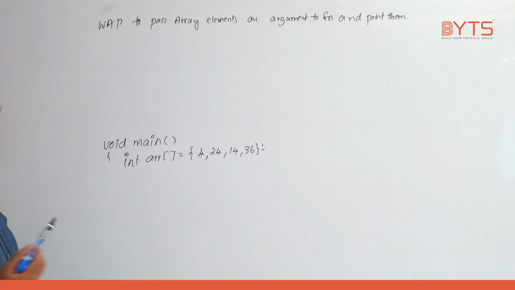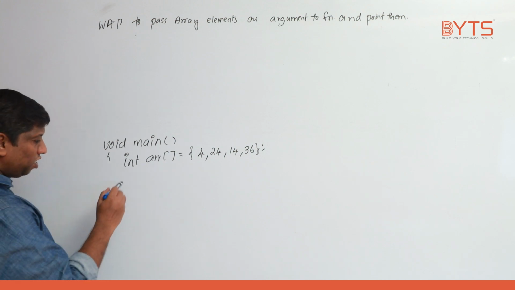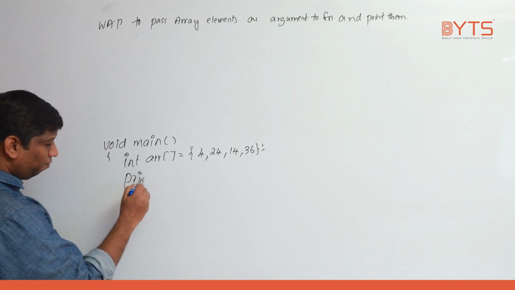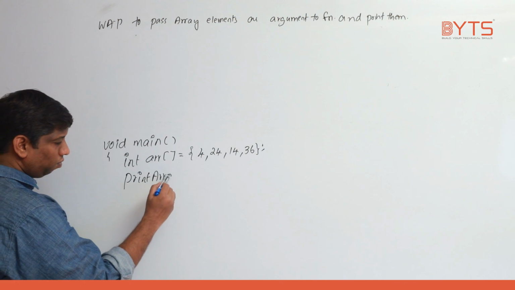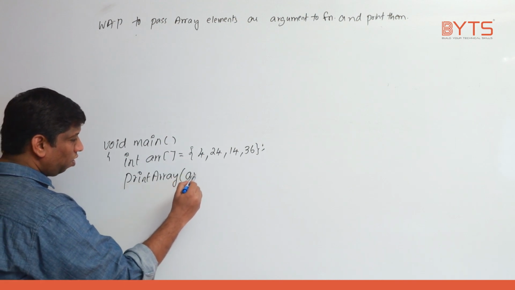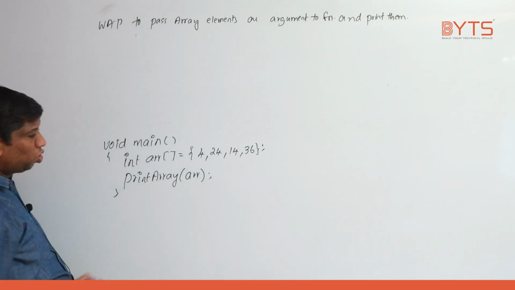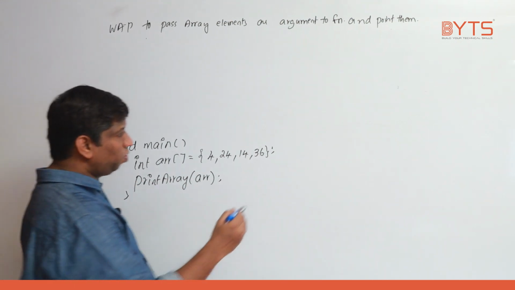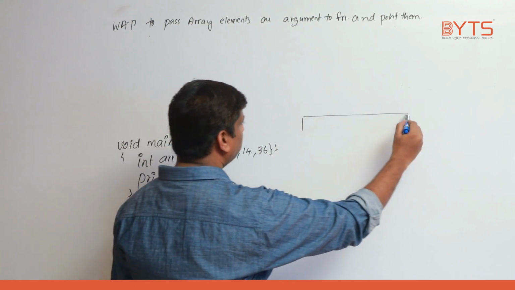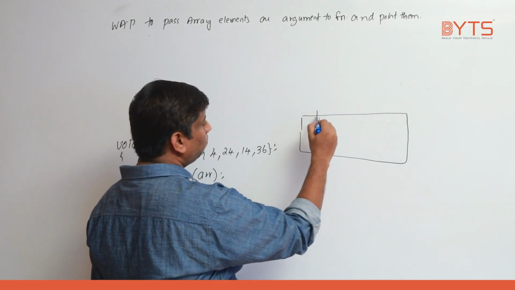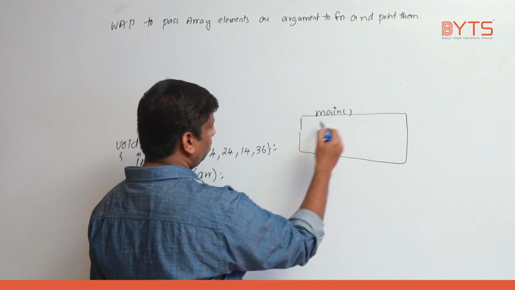Now I am going to write the function name. What is the function name? printArray. Now I need to pass arr. Okay, fine. So we'll see how it works. See here, this is your main function, and we have an array.